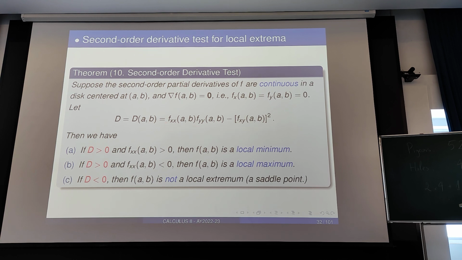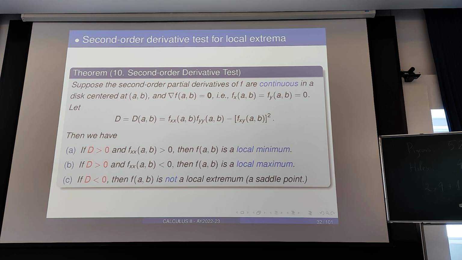At this step you should understand that this expression gives you a number, right? When you know the function f and the point (a,b), you can find the value of this discriminant D.